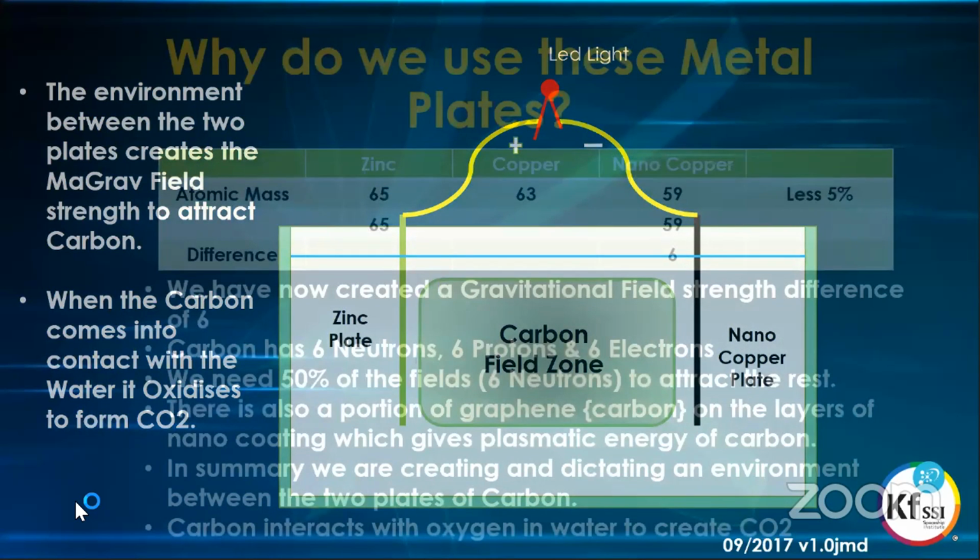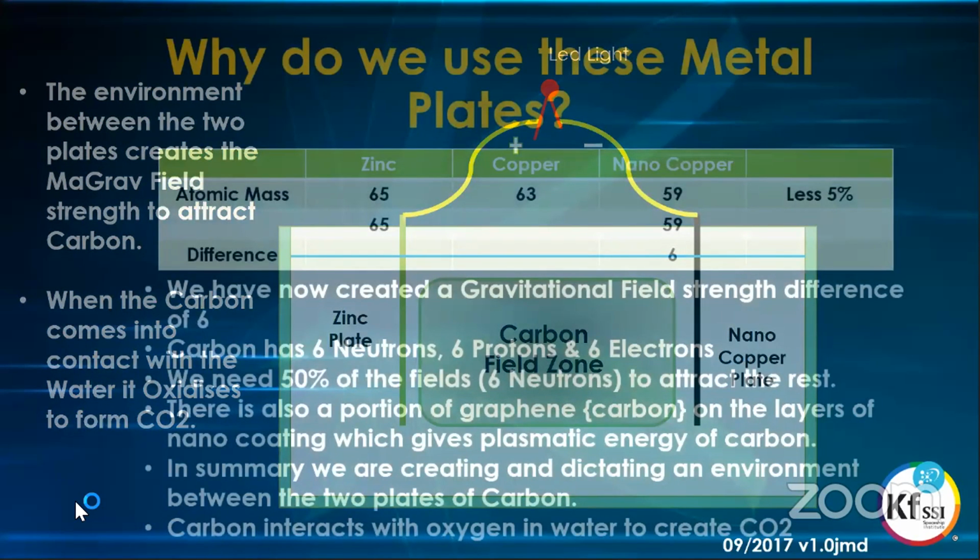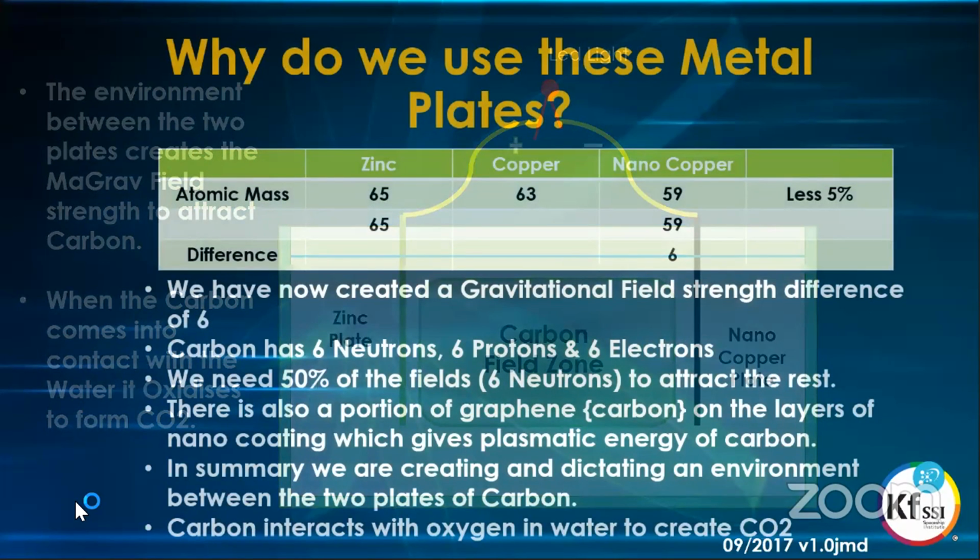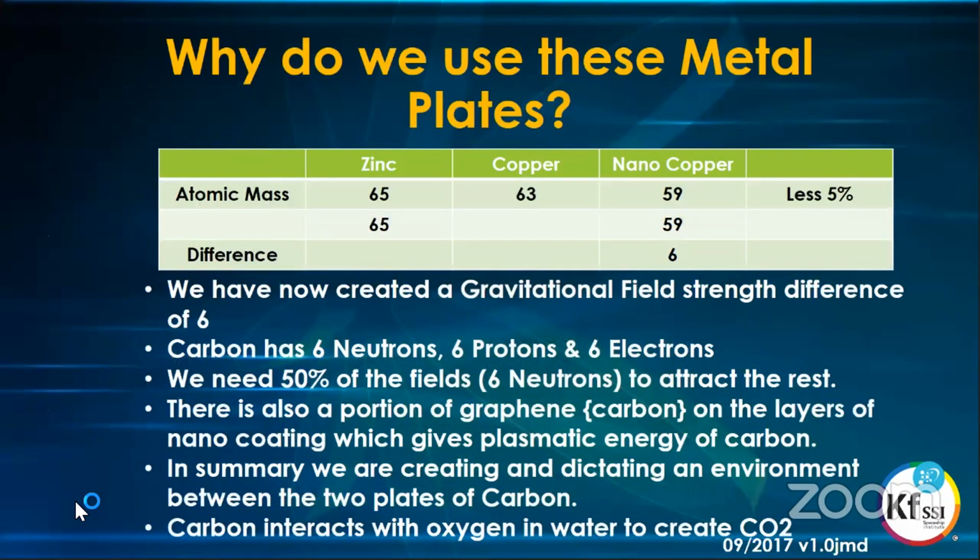We explained last time how the atomic mass of zinc is 65 and of nano copper is 59, and the difference was 6. That was enough to create a field strength to pull in your carbon, because carbon has 6 neutrons, protons, and electrons, and we just need 50% of the fields, which is 6 neutrons, to attract the rest.